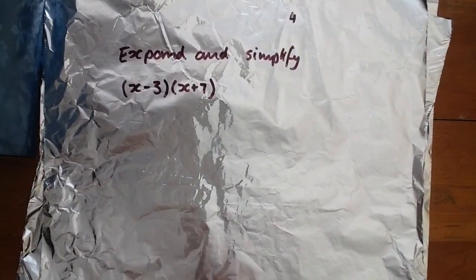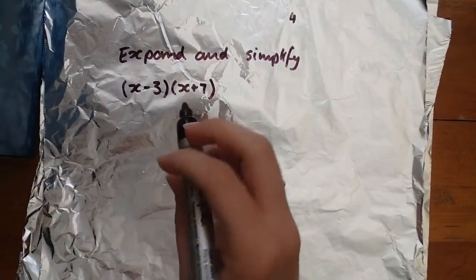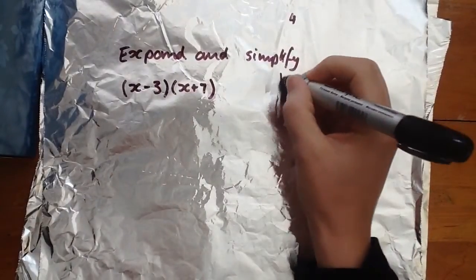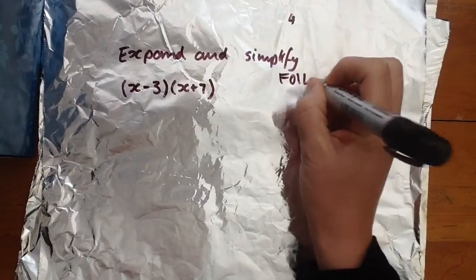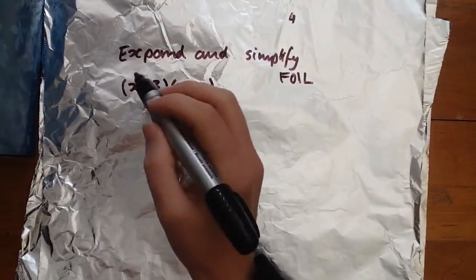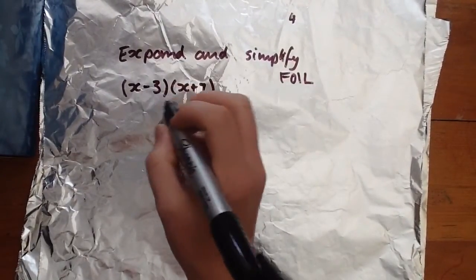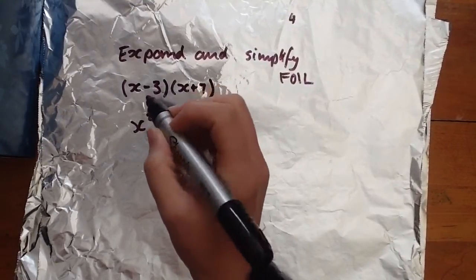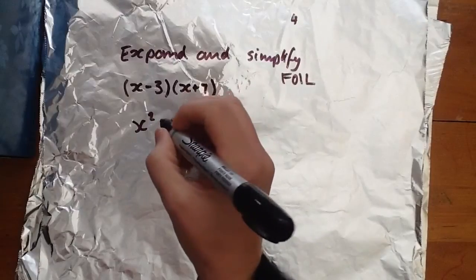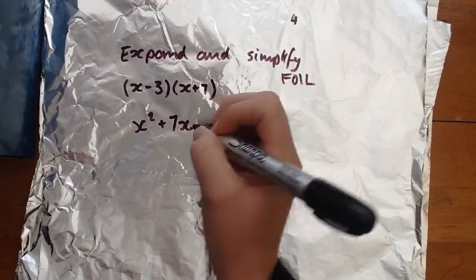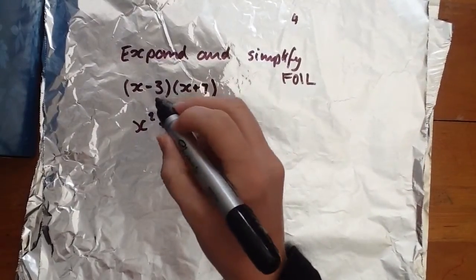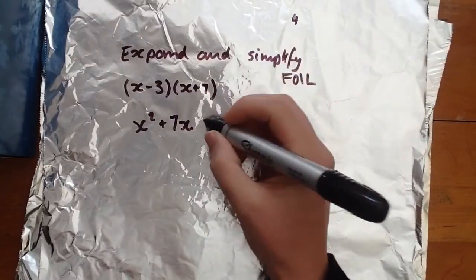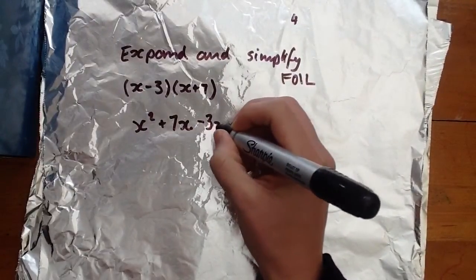So if we were asked to expand and simplify this expression, we need to remember FOIL. So the first from each set of brackets will be x squared. Then the outside would be x times positive 7, which is 7x. The inside would be negative 3 times x, which will give us negative 3x.